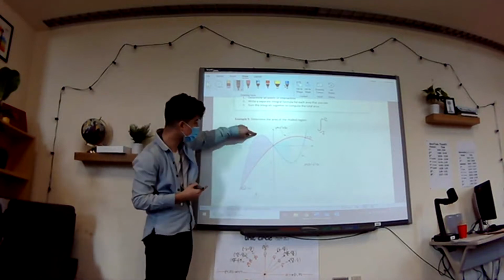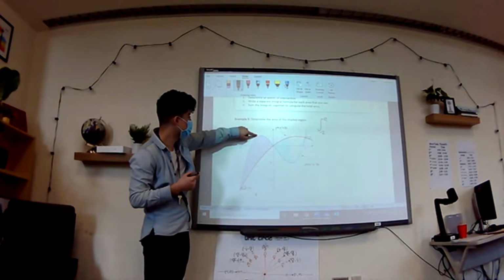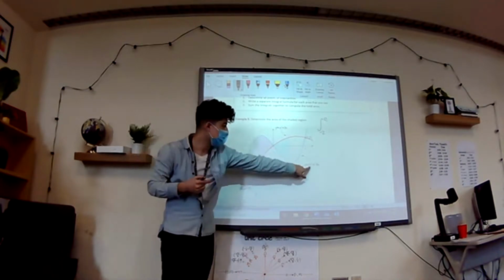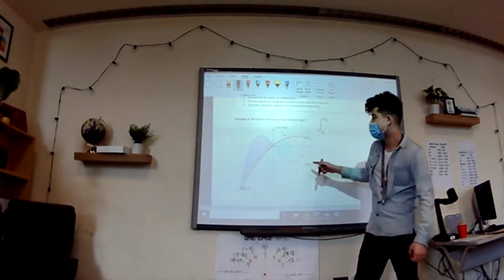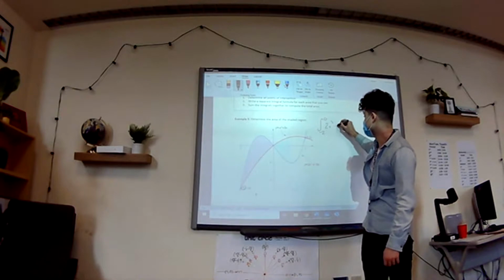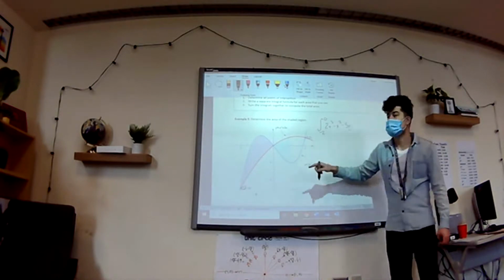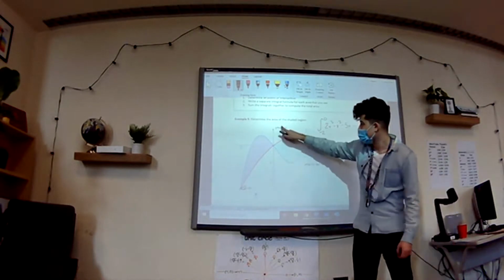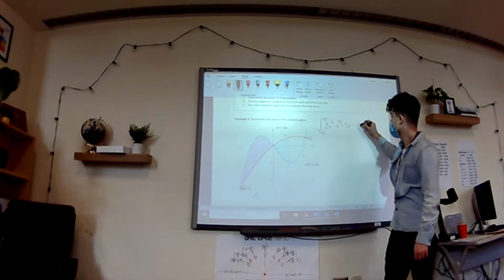Okay, top here is blue, which is, here it is, 2x cubed minus x squared minus 5x. So there's the top function, 2x cubed minus x squared minus 5x, minus bottom function, which is this red one, x squared plus 3x.